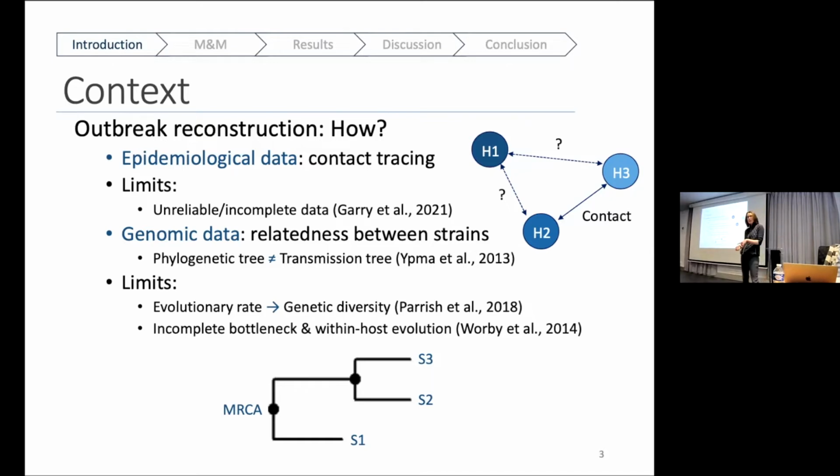On the other hand, when sequences differ, an incomplete transmission bottleneck and a non-negligible within host evolution can complicate the inference. Thus, methods were developed to combine both epidemiological and genomic data to the reconstruction of transmission trees.